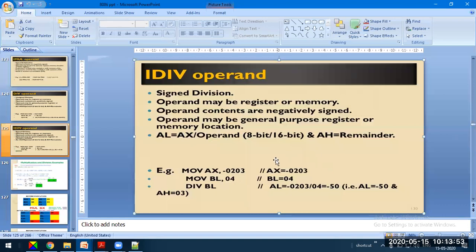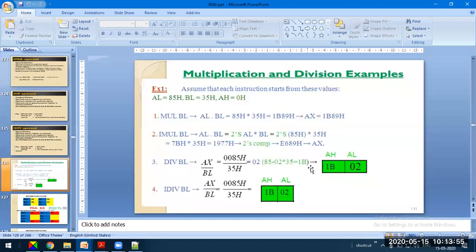For 8-bit division, different possibilities are shown here. For example, there is 16-bit division by 8-bit. Different examples, IDIV for example. The result is that the upper byte is 1B and the lower byte is 02. AL contains the quotient and AH contains the remainder.